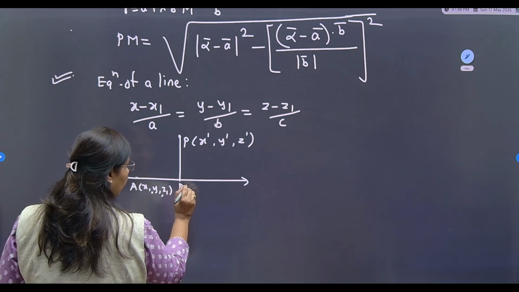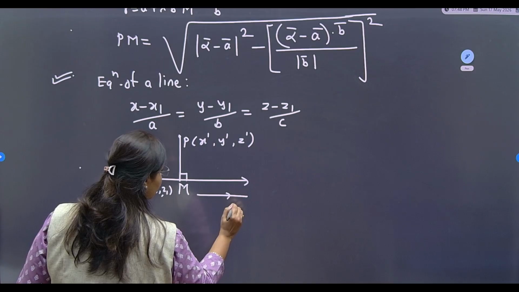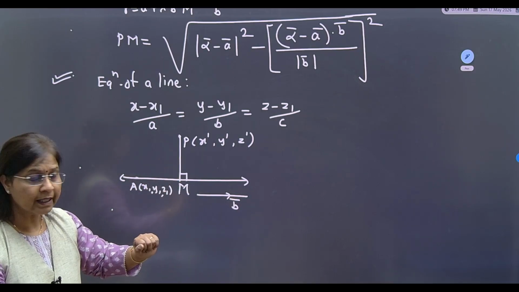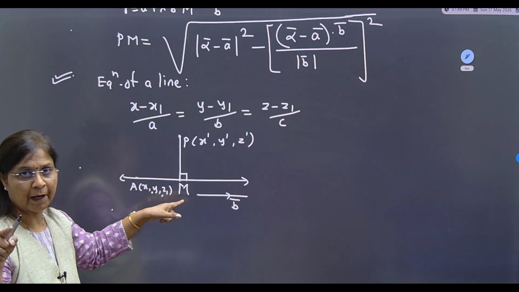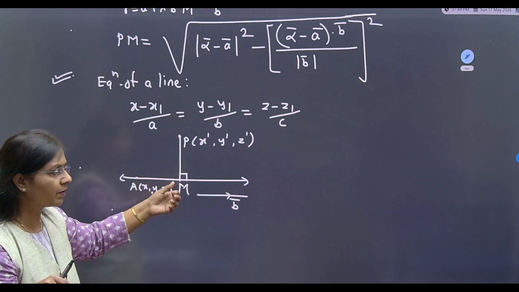M is the foot of perpendicular, and a, b, c are the direction ratios of b bar, parallel to the line. Suppose the question asks to find the coordinates of the foot of perpendicular in Cartesian form.